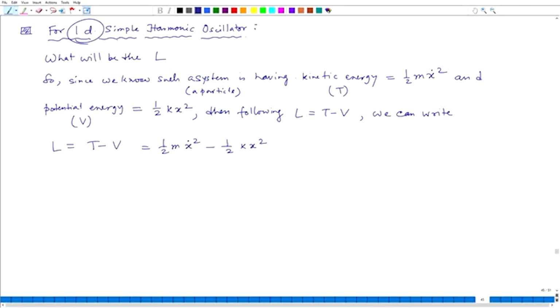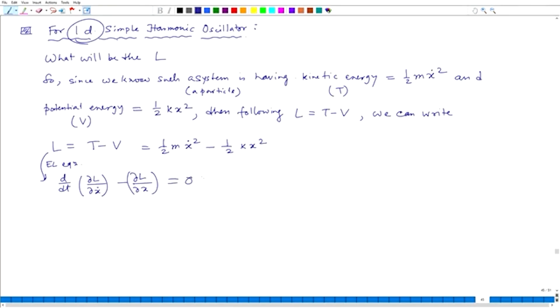Now, what will be the Euler-Lagrange equation for such a system? It will simply be d dt of del L del x dot minus del L del x equal to 0.